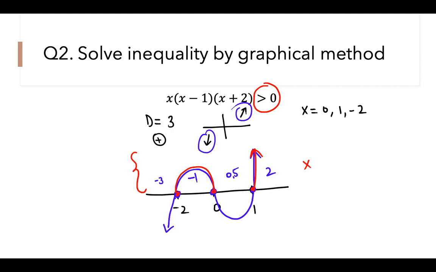And because it's not including 0, so x belonging to in between -2 and 0, or it could be 1 to infinity. Okay, so that is how you solve an inequality by the graphing method.